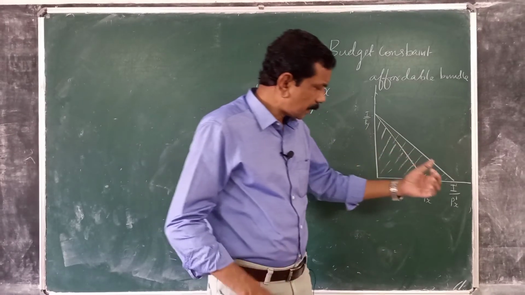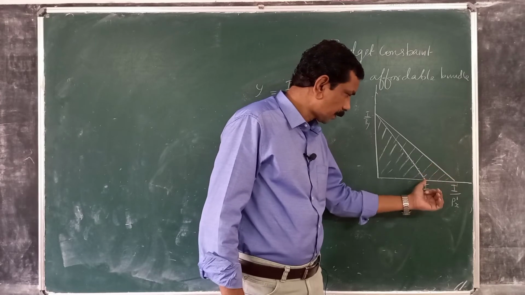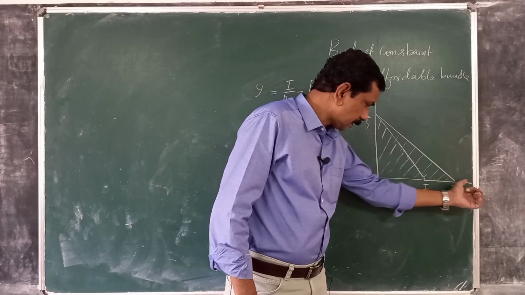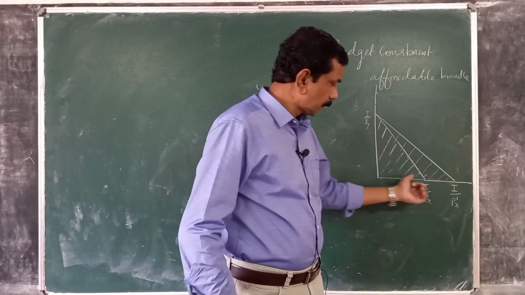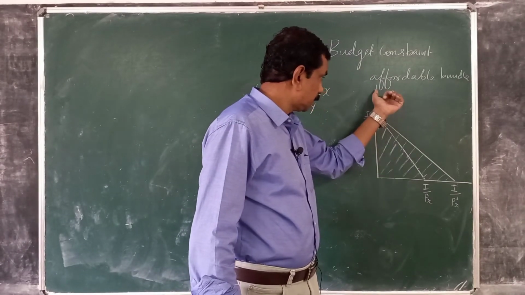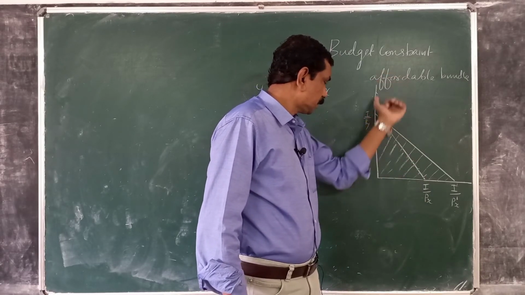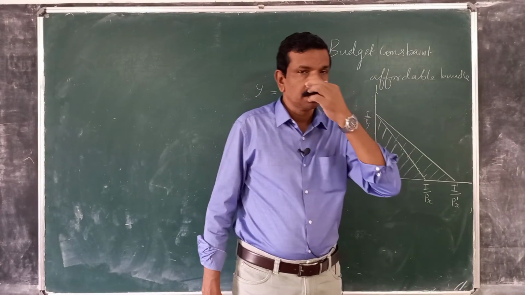The opposite will happen if there is an increase in the price of x. Then the budget line tilts along the x-axis towards the left. Similarly, if there is a decrease in the price of y, there is a movement along the y-axis, and so on.